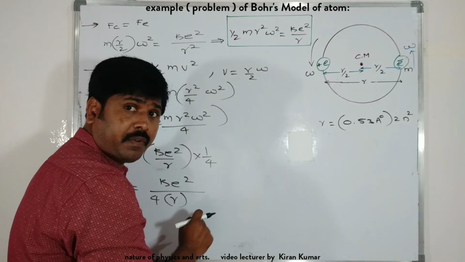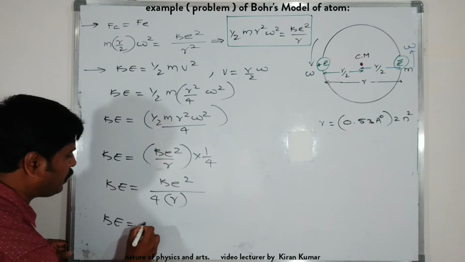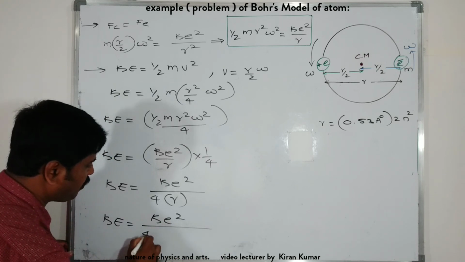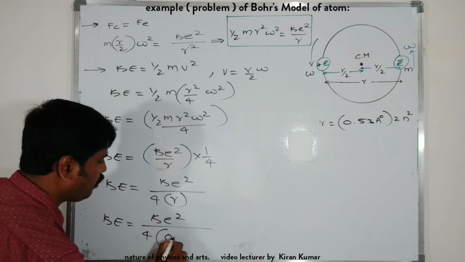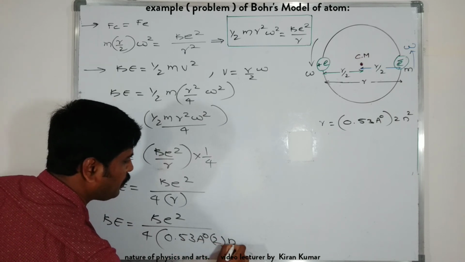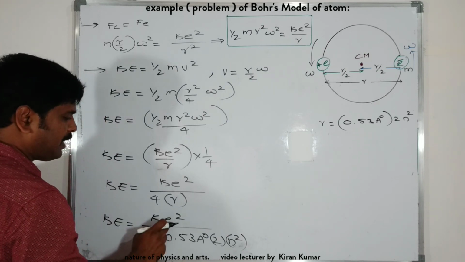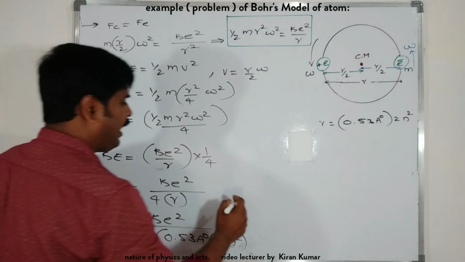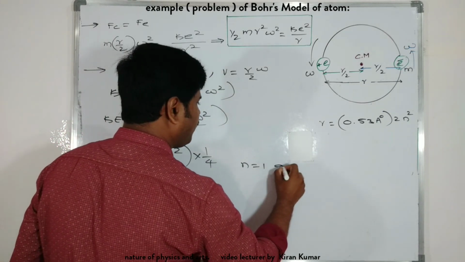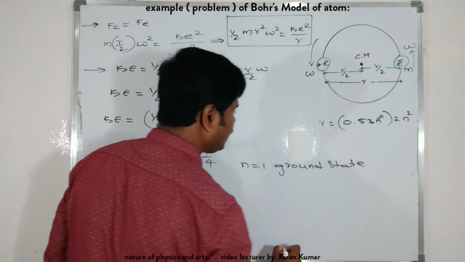But the radius value we got from the first question, that is Ke is equal to K E square divided by 4 into R value, 0.53 angstrom into 2 into n square. Here K value replacing, E value replacing, and n is equal to 1 for the ground state. Kinetic energy asking in the ground state.